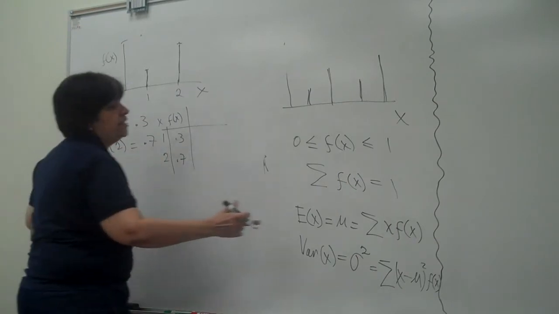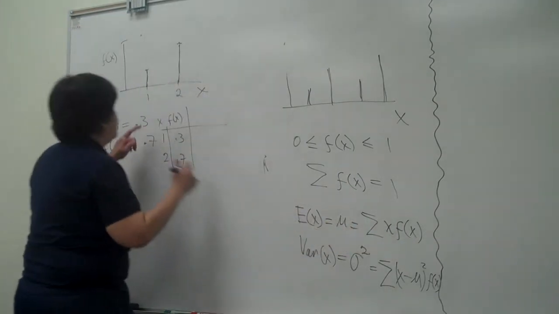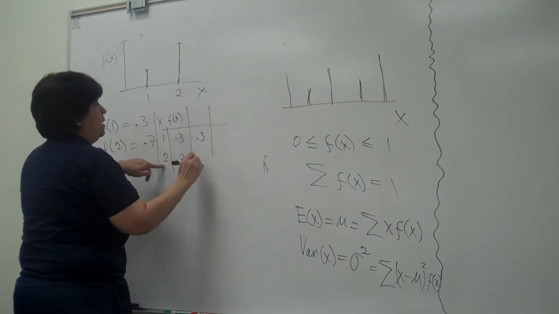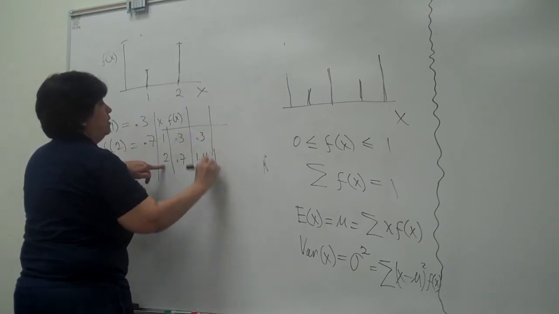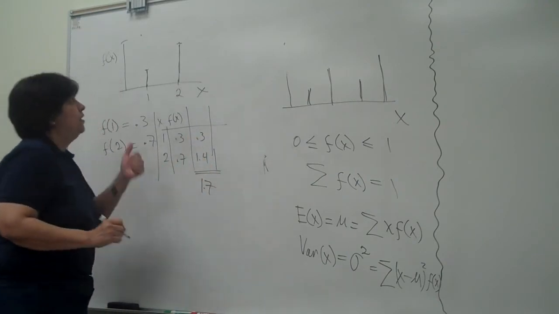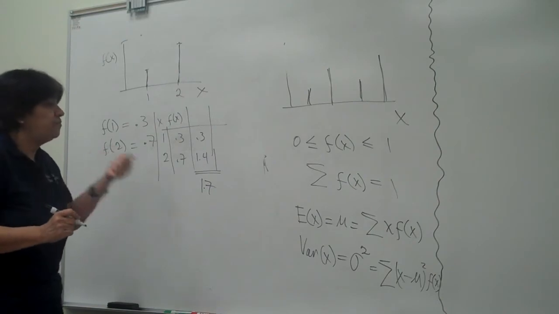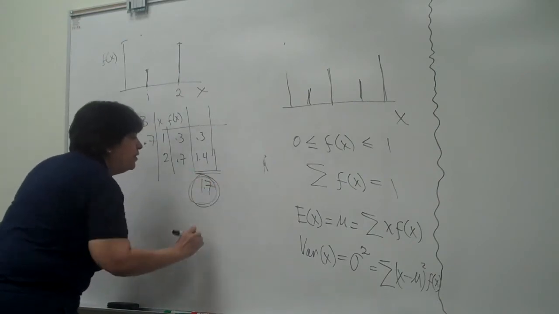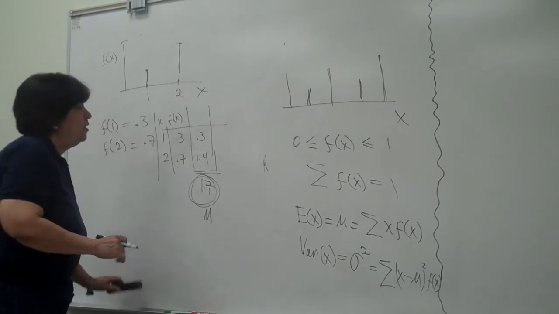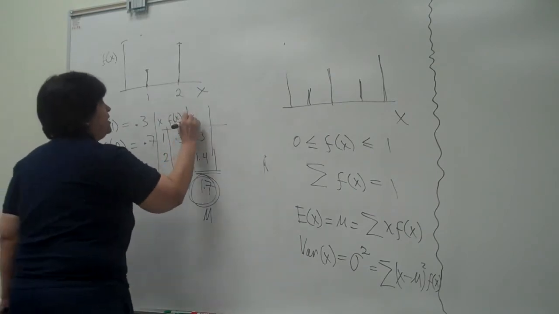Now, let's calculate the mean. Mean says that it is the summation of x times f of x. This is x times f of x, 0.3 and 1.4. So I sum it and it's 1.7. And this is mu. Mu is equal to 1.7. What is the variance?